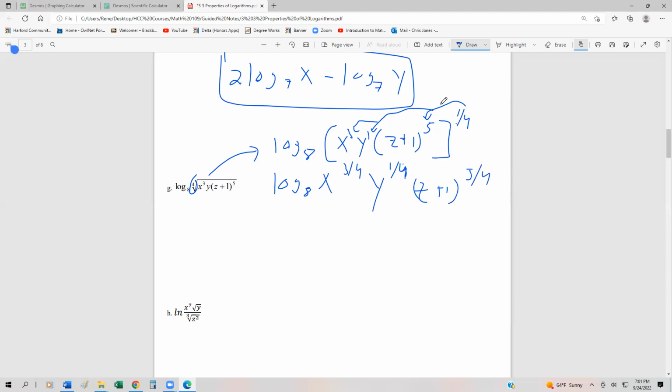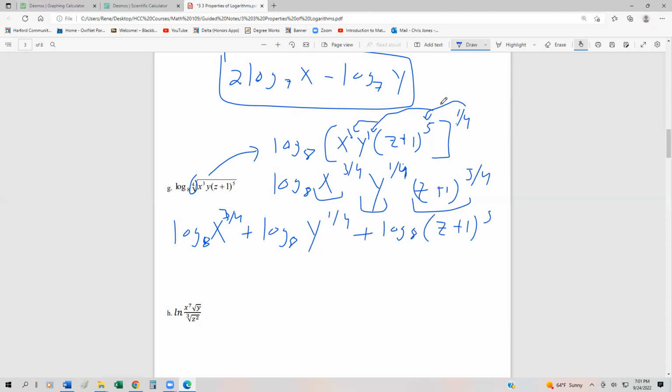And now we can write this as three separate logarithmic statements because we have multiplication among the three factors x, y, and z plus 1. And so our next line would be log base 8 of x to the 3/4 plus log base 8 of y to the 1/4. And then finally, plus log base 8 of z plus 1 to the 5/4.